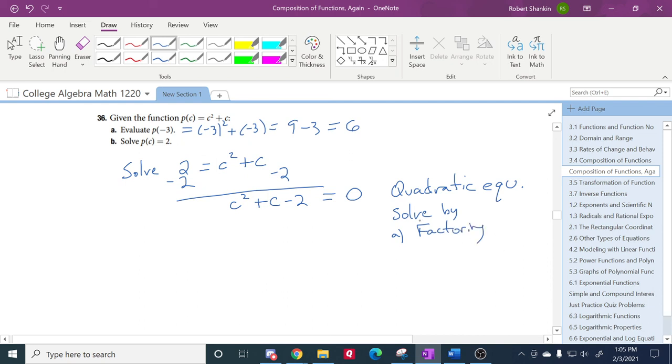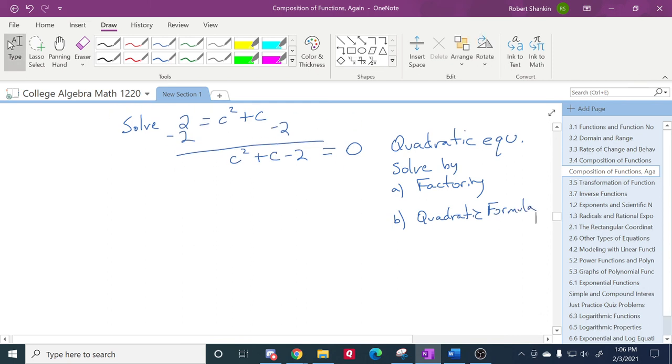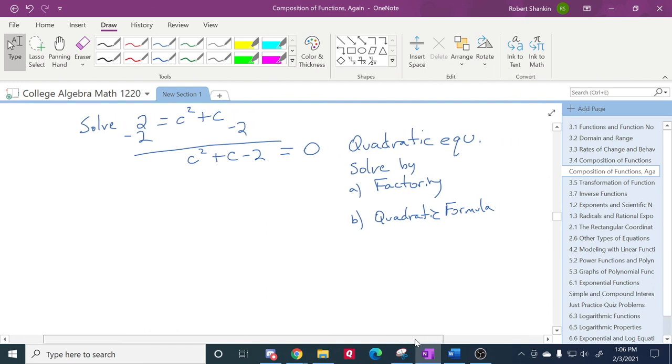And if it factors, you can get it. If it doesn't factor, you solve it by the quadratic formula. And let me just show you the quadratic formula in case it's been a while, in case we need to use it.